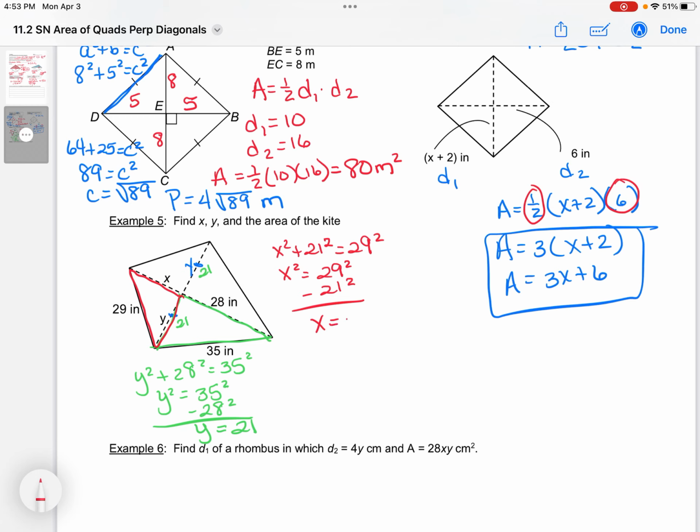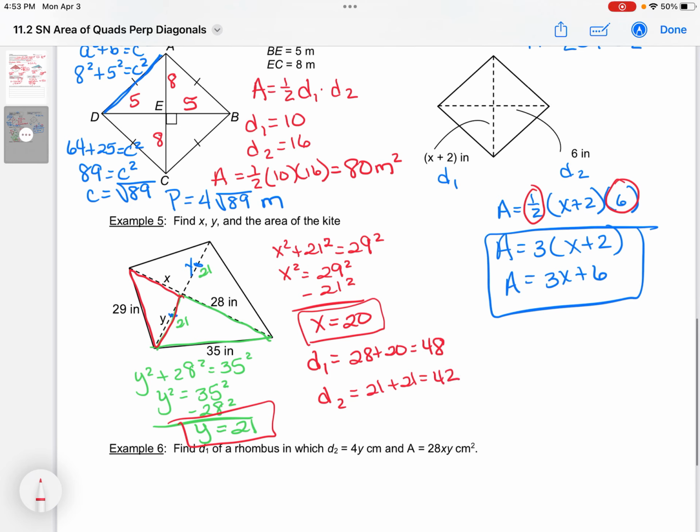And when I finish that one, I'm going to get x equals 20. So I have my x and my y. Okay, so my D1, we'll say, is 28 plus 20. So that's going to be 48. My D2 is going to be 21 plus 21, which makes 42.